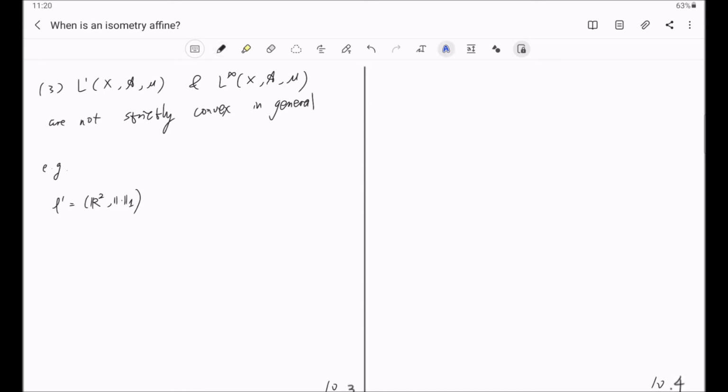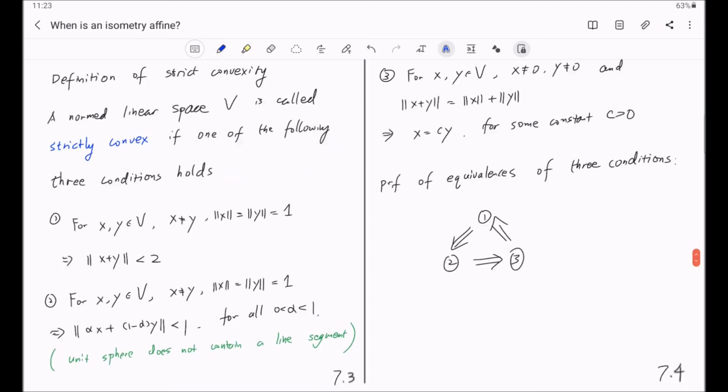First, let us look at the two-dimensional little l1 space. In this space, let us look at the unit sphere. The unit sphere at the origin is a diamond. And clearly, each edge, which is a straight line, is contained in this unit sphere. So I should emphasize that we are using the definition number 2 of strict convexity.